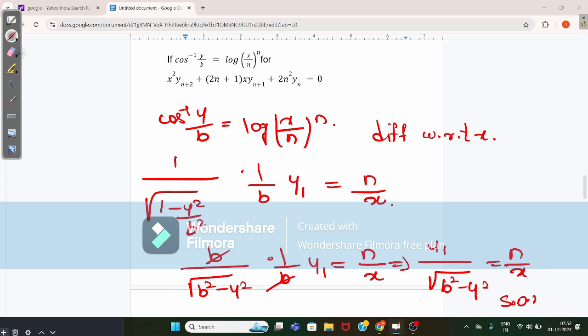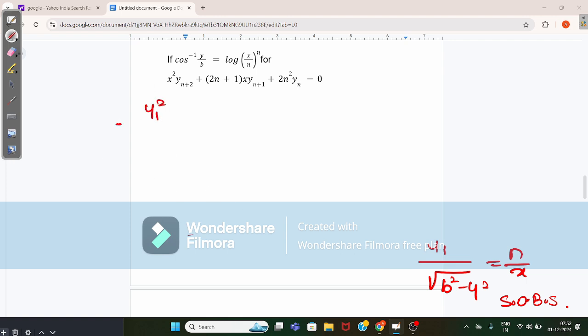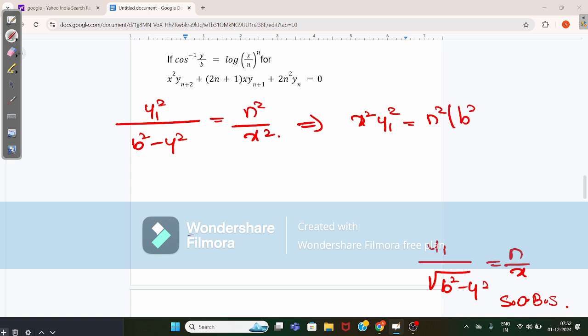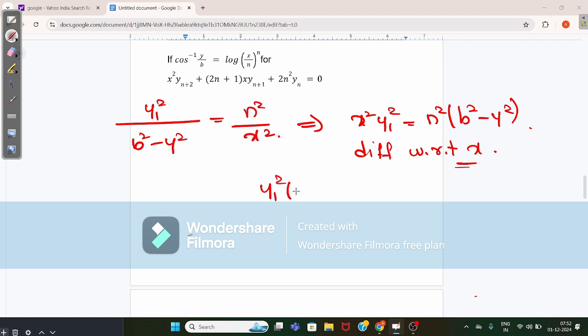Now do squaring on both sides. This value becomes y1 square by b square minus y square equals n square by x square. Now do cross multiplication. This value becomes x square y1 square equals n square into (b square minus y square). So differentiate with respect to x. This value becomes y1 square 2x plus x square 2y1 y2 equals minus 2y y1 into n square.